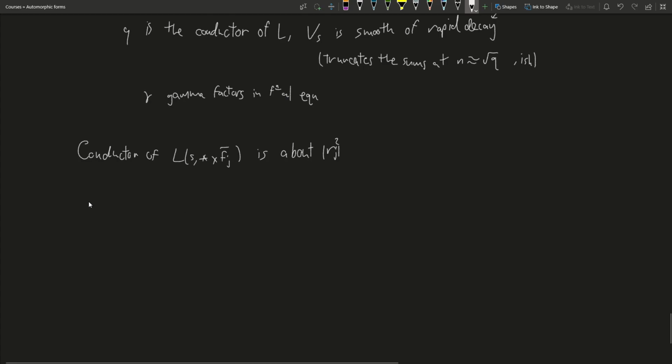So what that means is that this L function, L(s, star) times f_j conjugate squared, is estimated by a sum of length, and here it's going to be the square root of the square of this quantity.